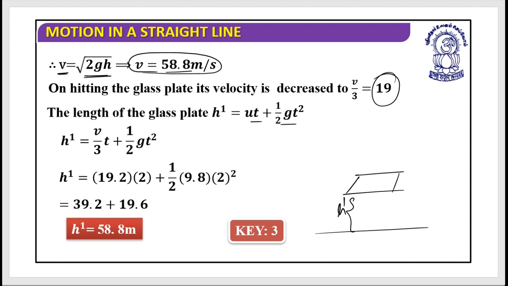It's ut plus half g t square. Here u is v by 3, approximately 19.2 meter per second. So this is 19.2 multiplied by 2 plus half into 9.8 into 2 squared. Again this is 39.2 plus 19.6, which gives me 58.8 meter. I hope those things are clear to you.